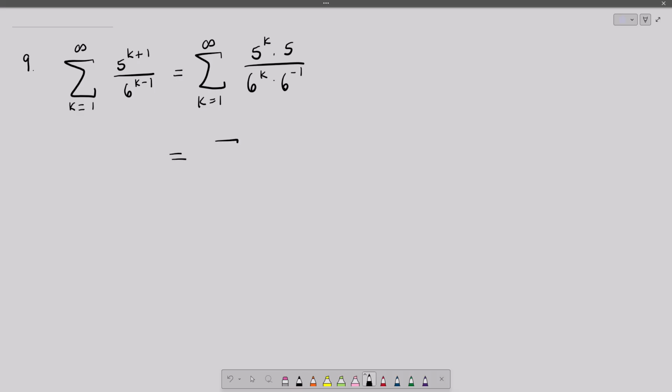So if we do one more step before we do any factoring out, does everybody see that that's what we have? That 6 to the negative 1 just pops the 6 to the top. The 5 just stays there. So when all is said and done, we are dealing with 30 coming out to the front.